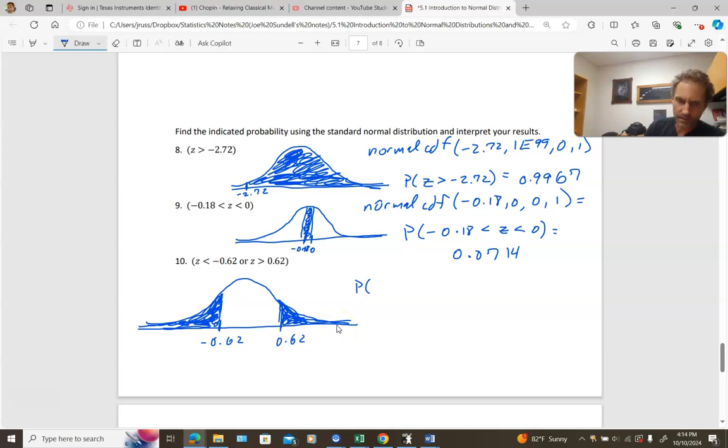So the probability that z is less than negative 0.62 or greater than positive 0.62 is the same as the probability that z is less than negative 0.62 plus the probability that z is greater than positive 0.62, using the addition rule, if you guys remember that from section 3.3, because these are mutually exclusive events. But again, what you could do is just find the probability or the area in one of these tails and double it. Okay.